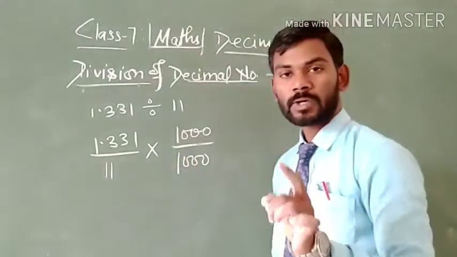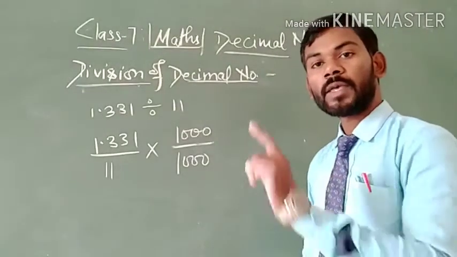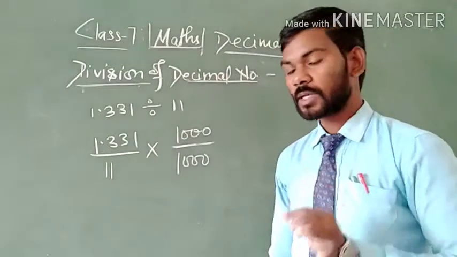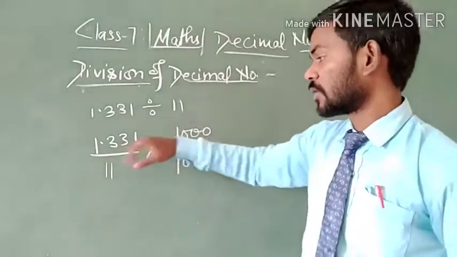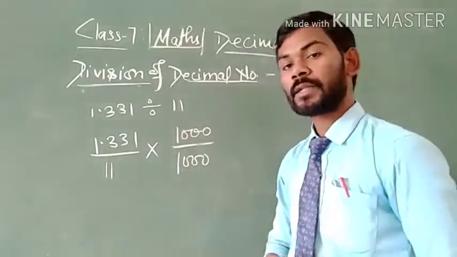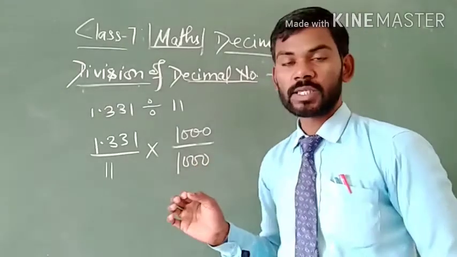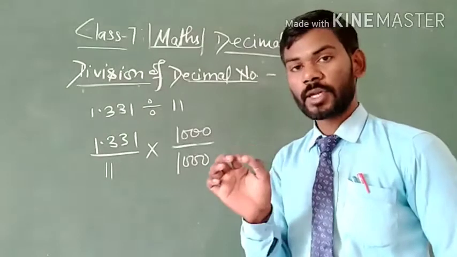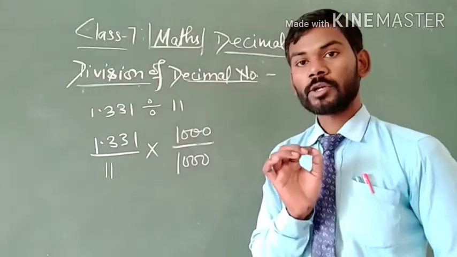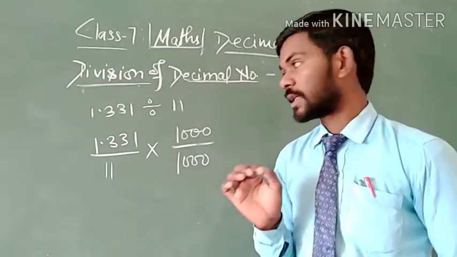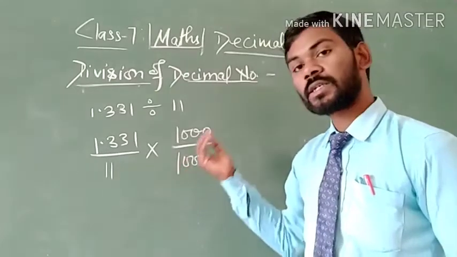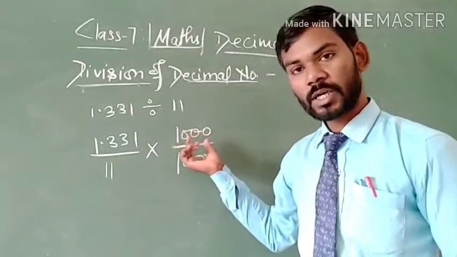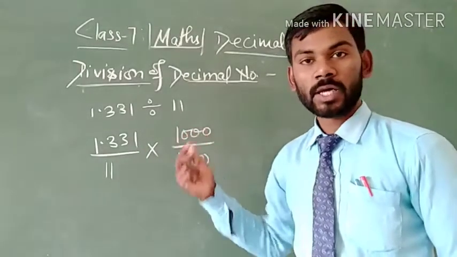Now here a question arises: why do we multiply it by 1000? For this, just look at the numerator. You will find that the number of digits on the right side of the decimal is 3. So, in order to remove the decimal, with 3 digits to the right of the given number, we have to multiply it by 1000.